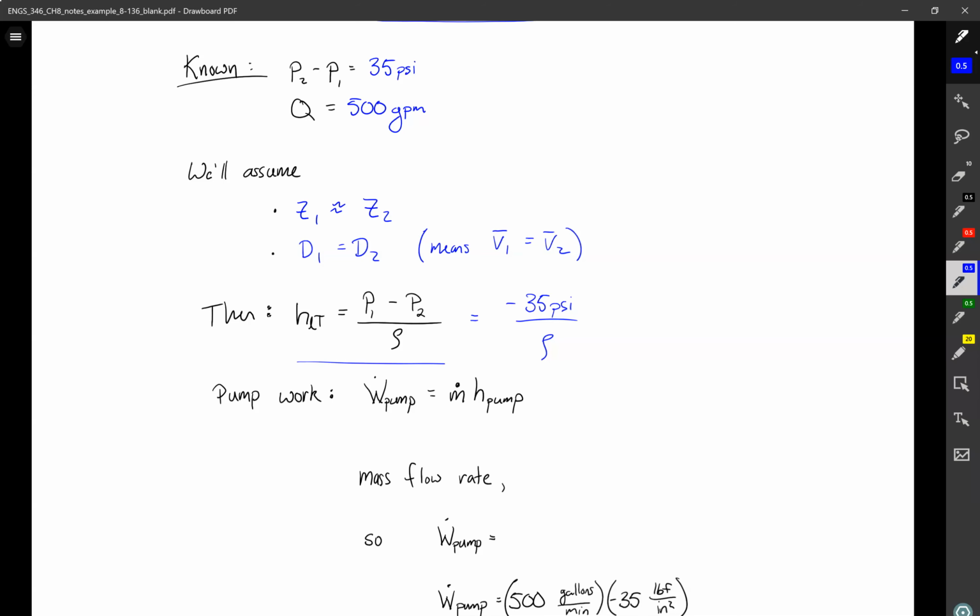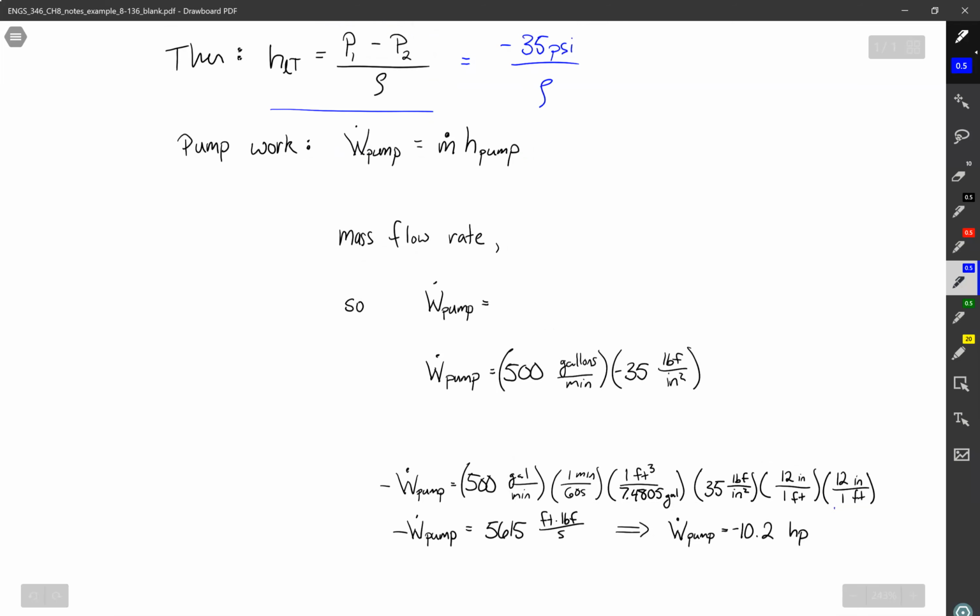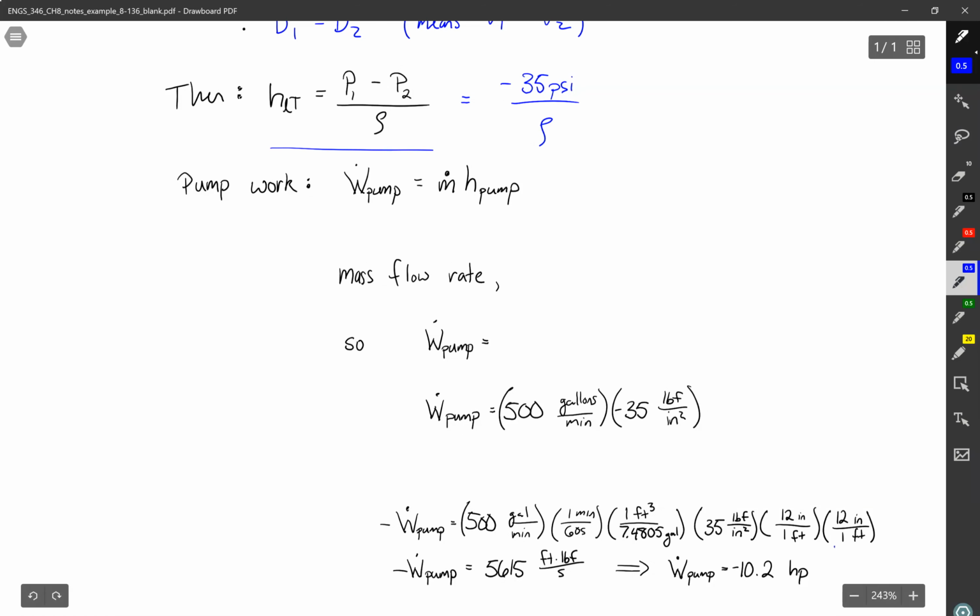The pump work is the mass flow rate times the head loss of the pump, or really in this case, the head gained of the pump. So this is an important equation. This is equal to the mass flow rate times H, which is, we just said, minus 35 psi divided by rho.